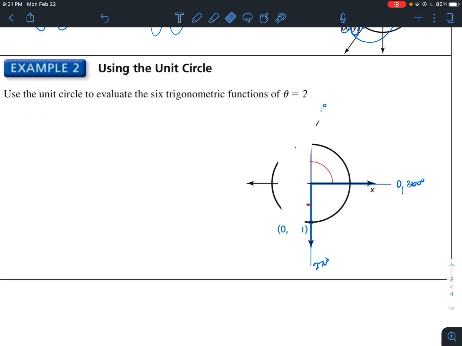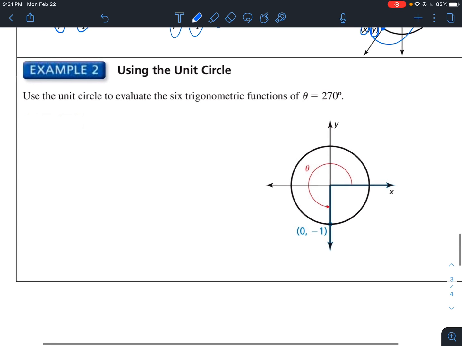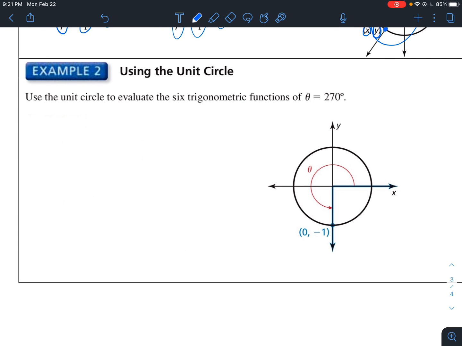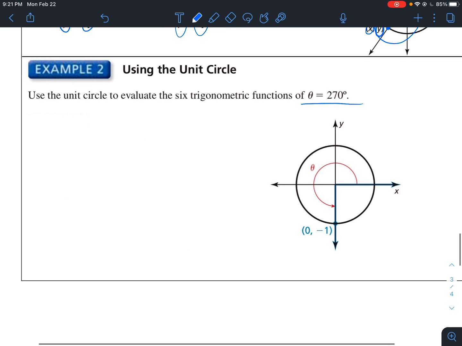Now, for example here, theta is equal to 270. So this right here is 270 degrees, which puts us on the negative y-axis.